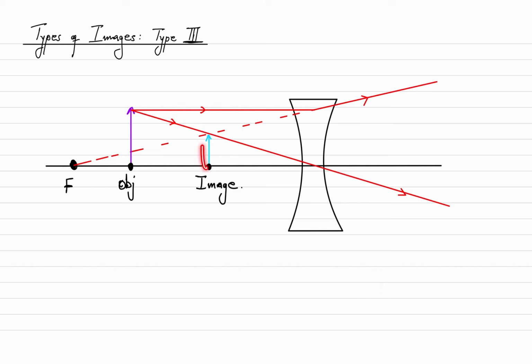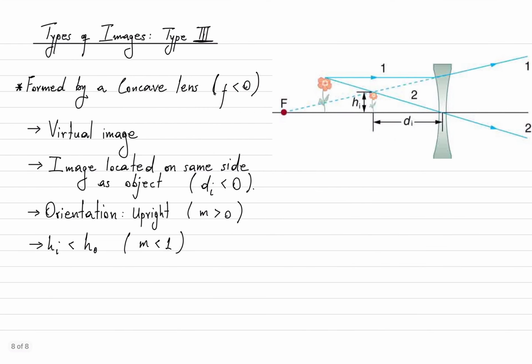Moreover, the image is upright, has the same orientation as the object. And this should also give you an idea about the magnification. And also, the size of the image is smaller than the size of the object. Those two latter facts are going to help you understand what we can say about the magnification. Let's go and summarize that.